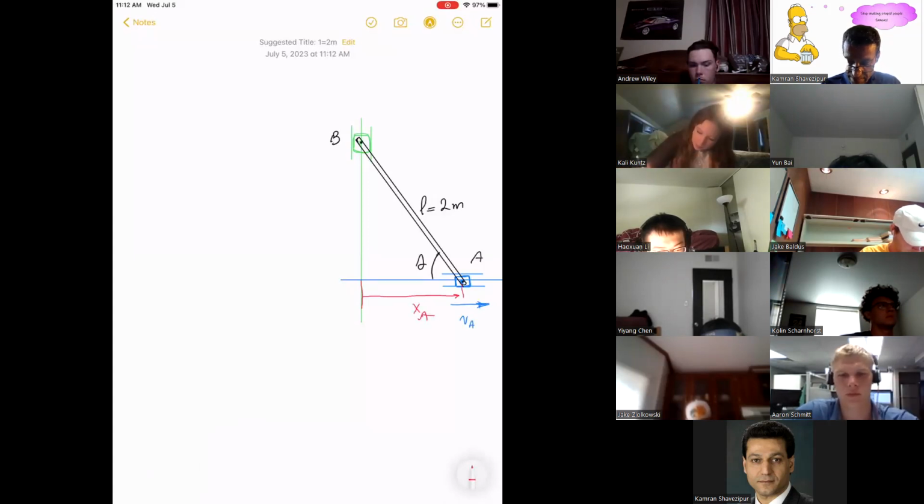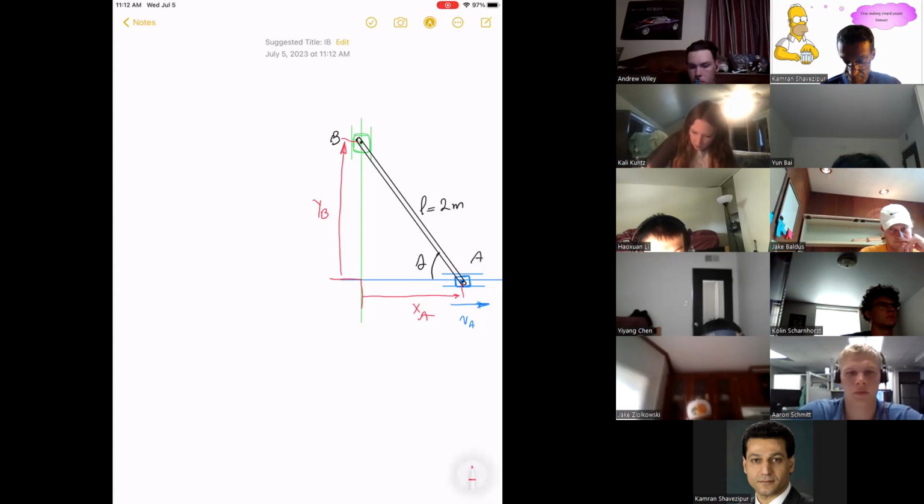And this is the reference for the position of B, because B just goes up and down. Its Y changes, so this is YB. How can I relate the positions of A and B and theta using this geometry?